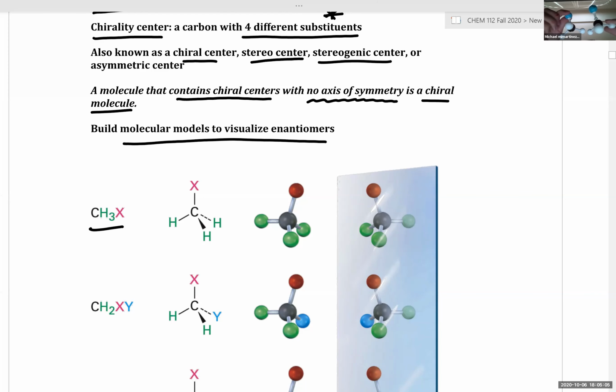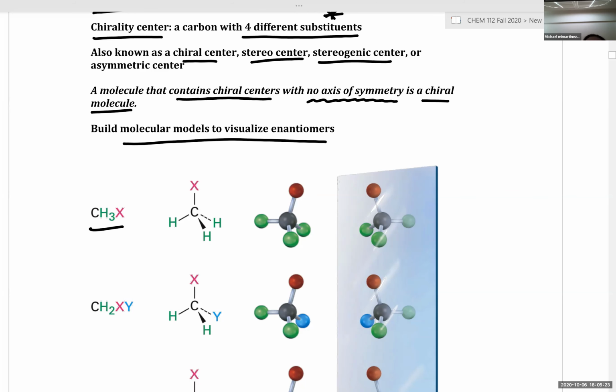Don't be shy to share your responses in the chat or verbally. What do we think? Are these two enantiomers superimposable? Can we overlay them and exactly match all of our substituents? Yes, right?